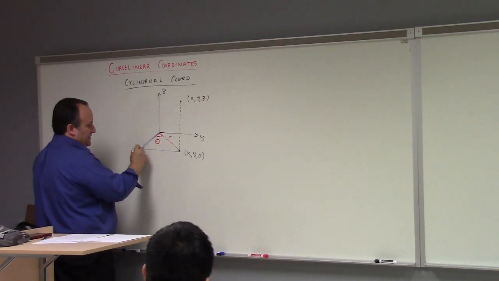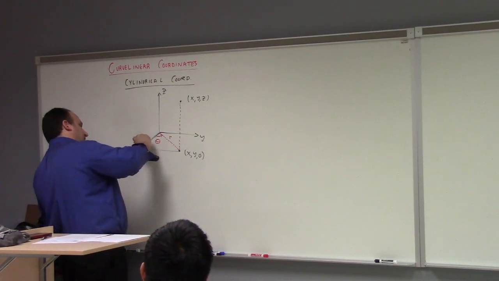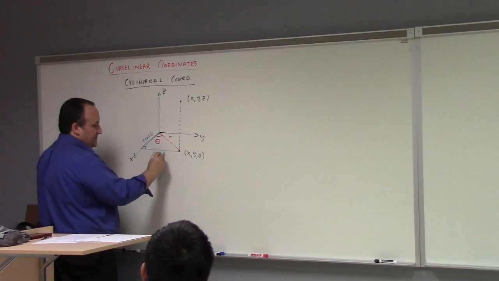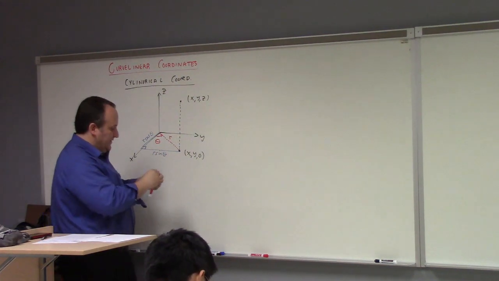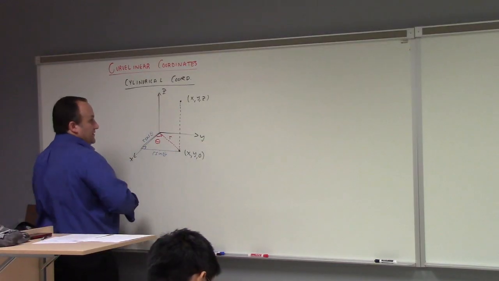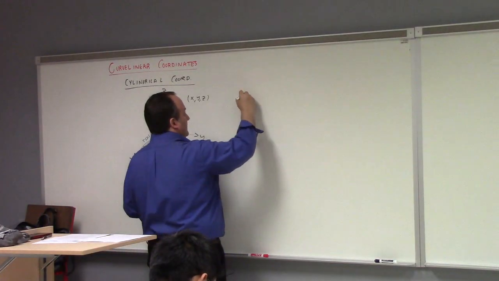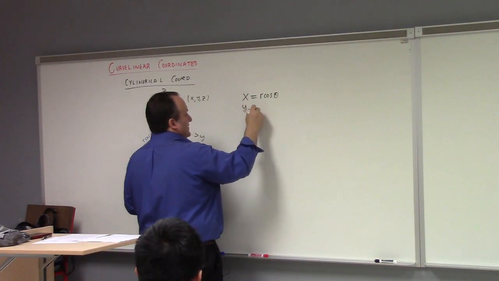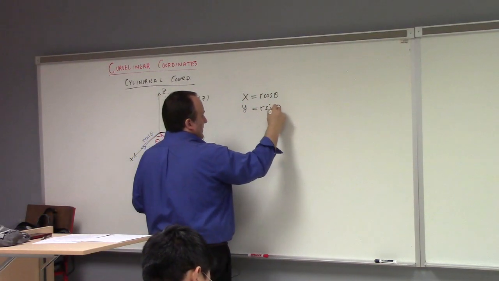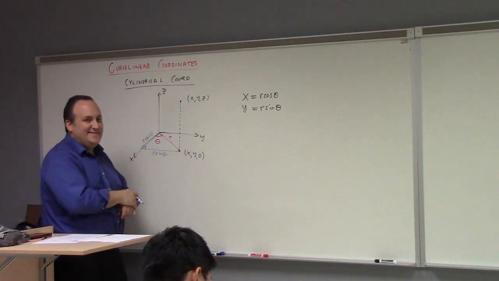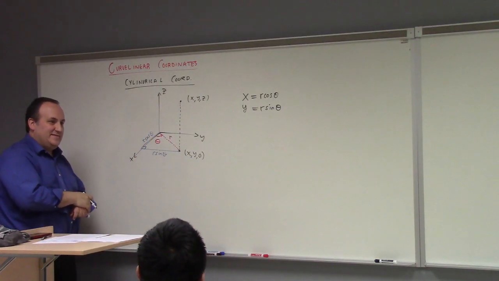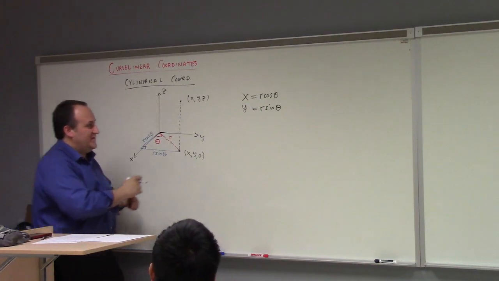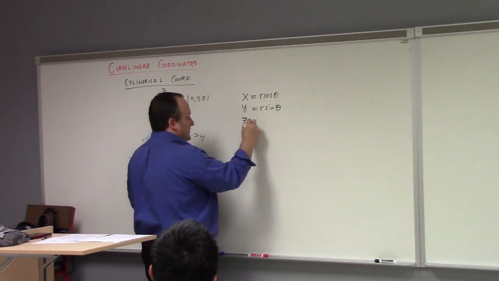The hypotenuse has length r, over here you've got r cosine theta, and here you've got r sine theta. So what are the formulas that govern cylindrical coordinates? x equals r cosine theta, y equals r sine theta. And what about the formula for z? It's a little bit dumb, but z equals z.